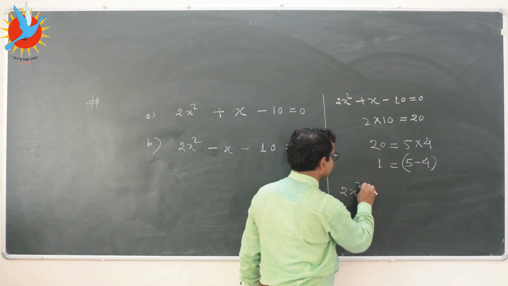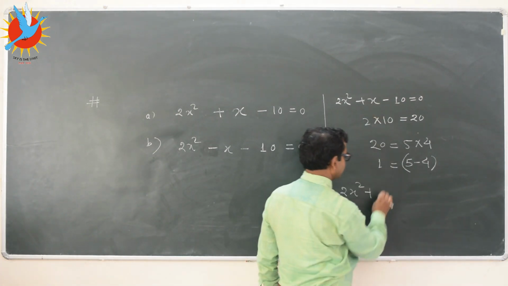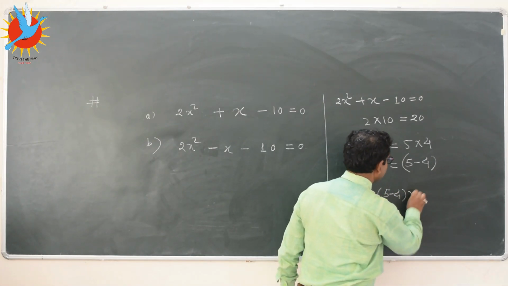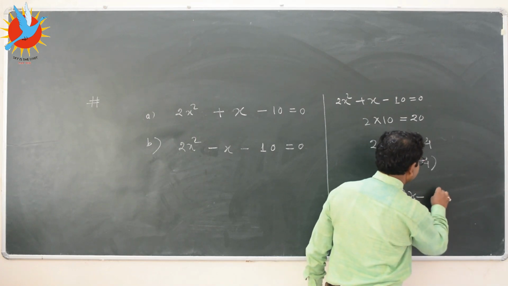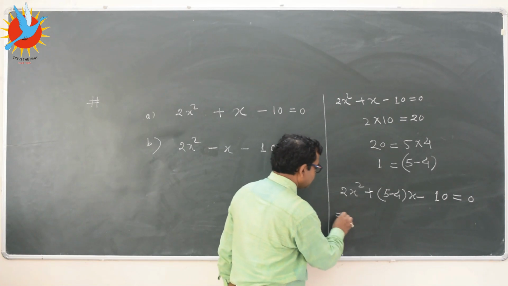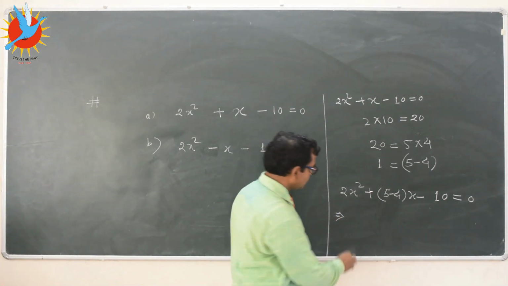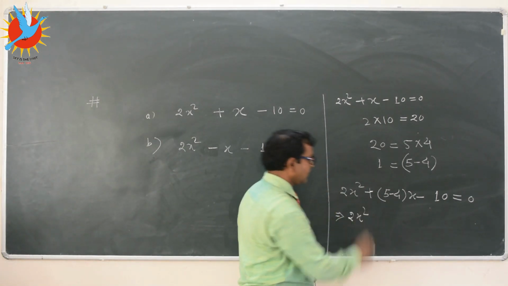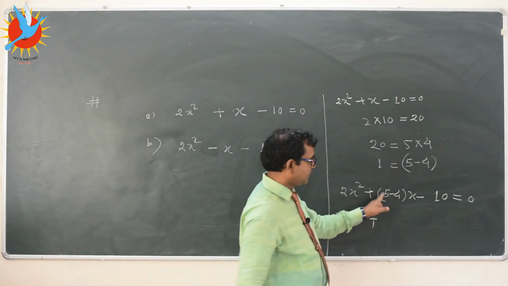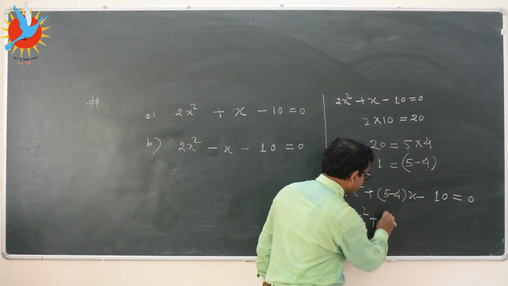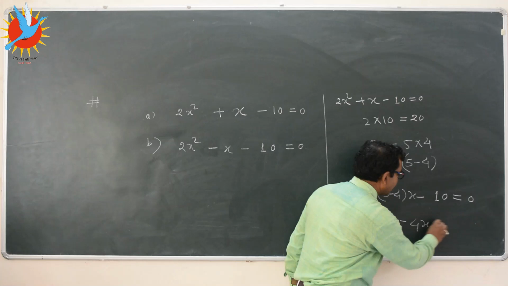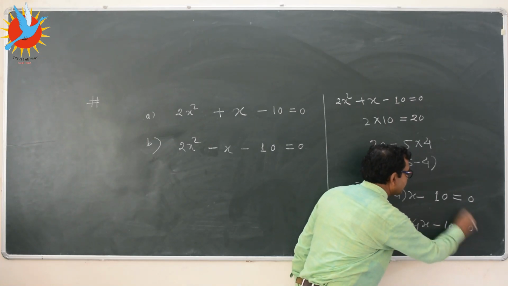So 2x square plus, in place of 1 we can write 5 minus 4 into x, minus 10 equal to 0. Now this implies that 2x square, multiplying x in these two, we have 5x minus 4x minus 10 equal to 0.